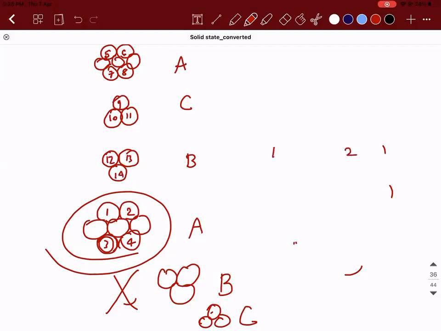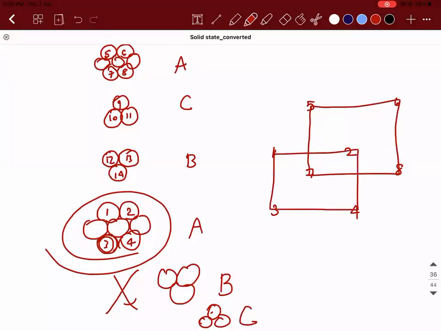So 1, 2, 3, 4, 5, 6, 7, 8. And see, particle number 9 is at the back. 10 and 11 are at the front, 9 is at the back. 10 and 11 are present on left and right. So 10, 11, 9 is at the back, and this 12, 14 is at the bottom.